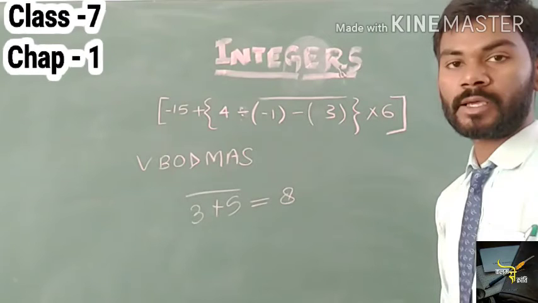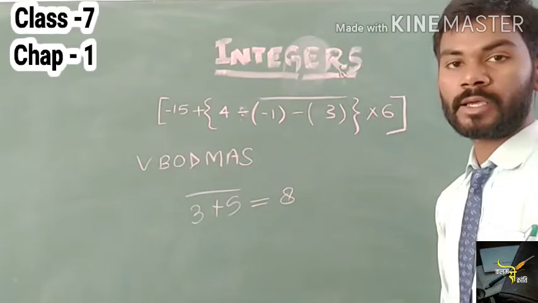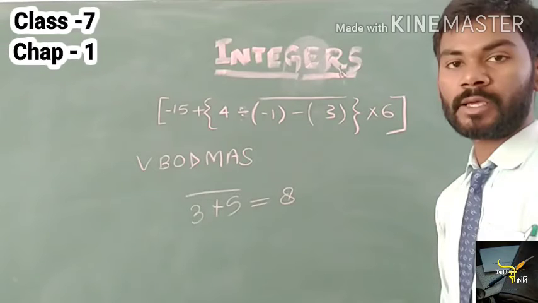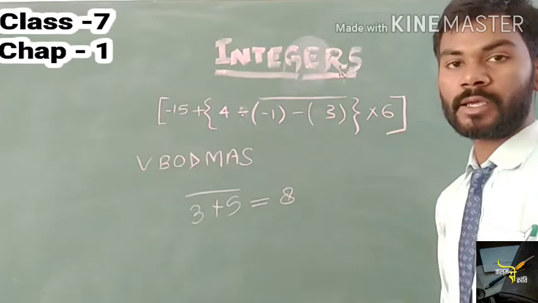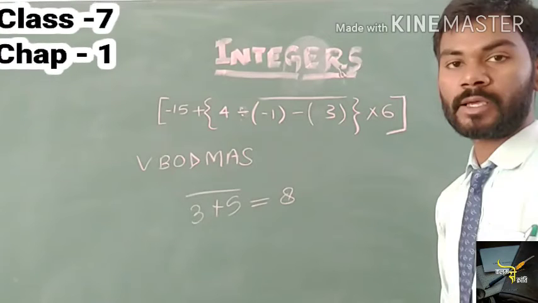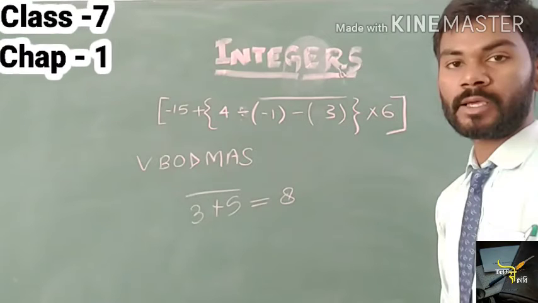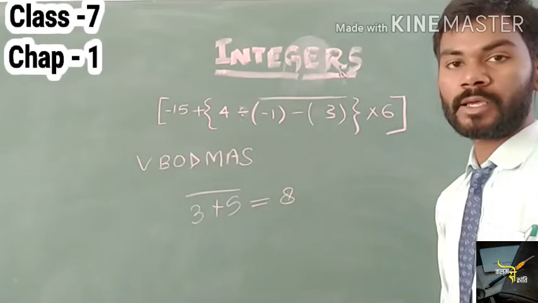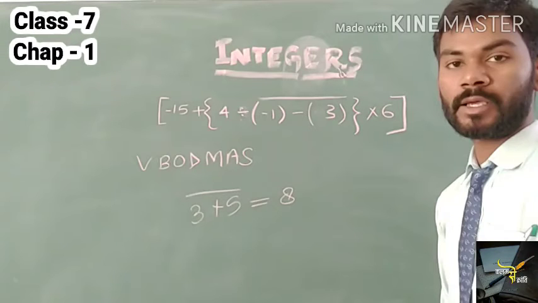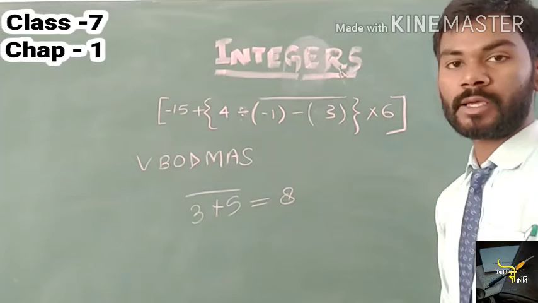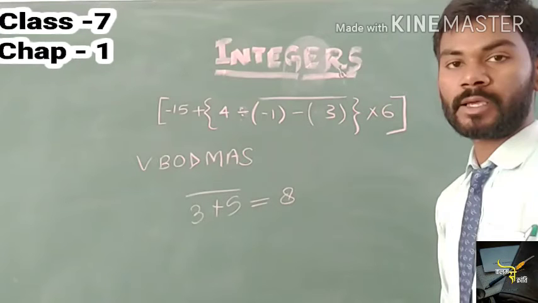The next question is 60 multiplied by minus 3 which is divided by 45 divided by minus 15 with bar.